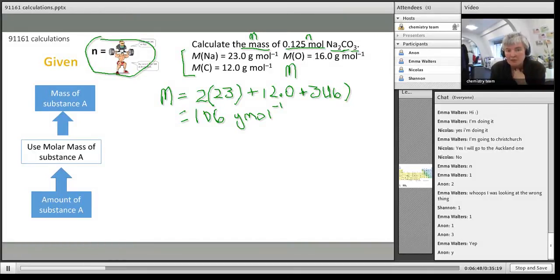Now if N is equal to small m over big M, to change the subject of the formula, I just want small m by itself. So do I multiply the N by the big M, or do I divide it? How can I get small m by itself?